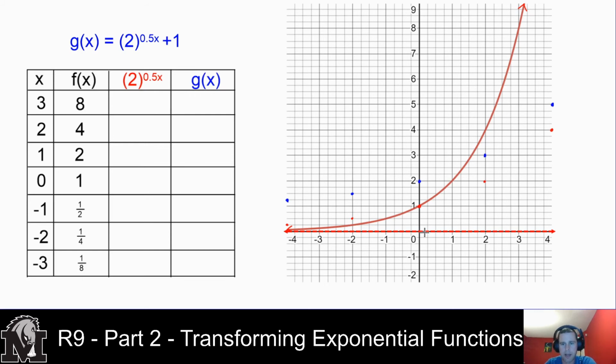It was at y equals 0. Now it's going to be at y equals 1. Then I can plot or sketch the curve. Arrows on both ends, make sure I don't cross the asymptote.